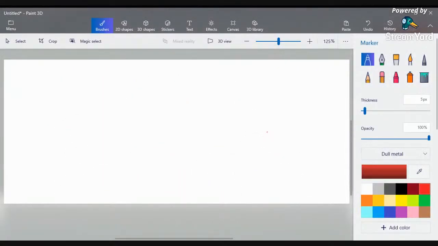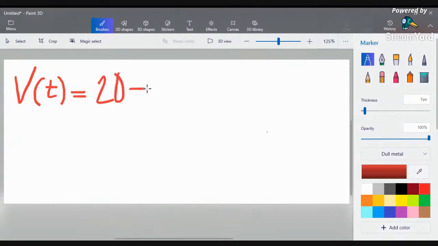The given equation is v of t is equal to 20 minus 9.8t. Okay, at this point, we have to substitute 1 in order to find the velocity of the ball after 1 second.